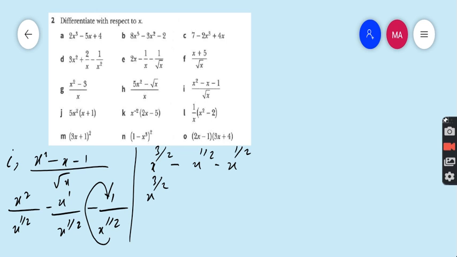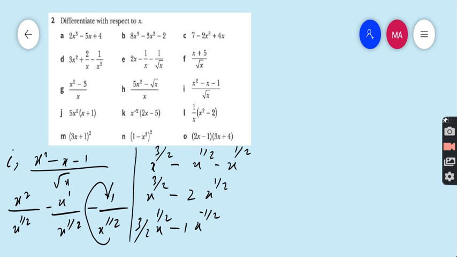Minus x power 1 upon 2 minus x power 1 upon 2 is minus 2x power 1 upon 2. Now find the derivative. Power 3 upon 2, 3 upon 2 minus 1 is 1 upon 2. Minus 2 into 1 upon 2 is 1, x to the power 1 upon 2 minus 1 is minus 1 upon 2. And the answer of part I is 3 upon 2 x to the power half minus 1 upon 2.